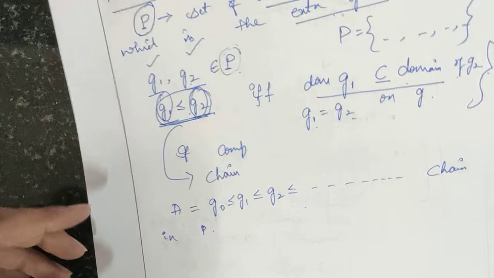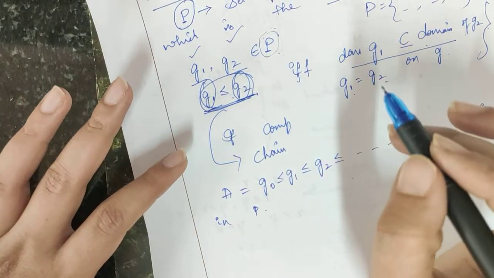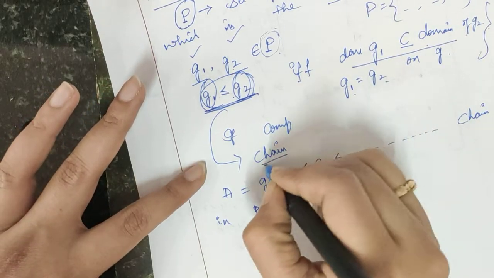So now, if we are comparing any two elements in a poset, it forms a chain.